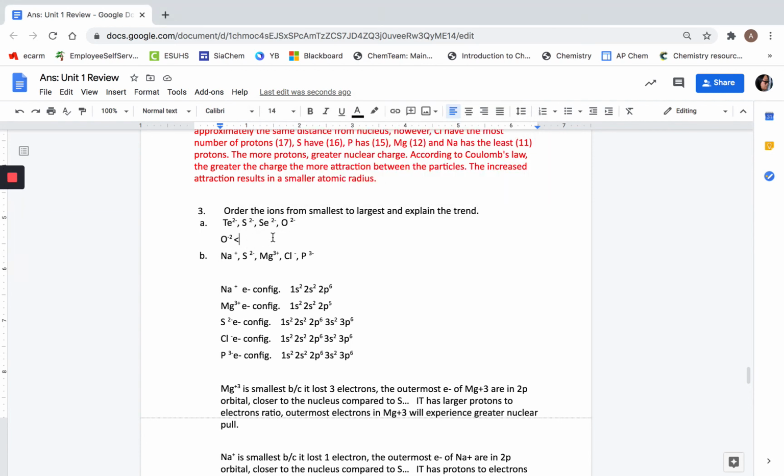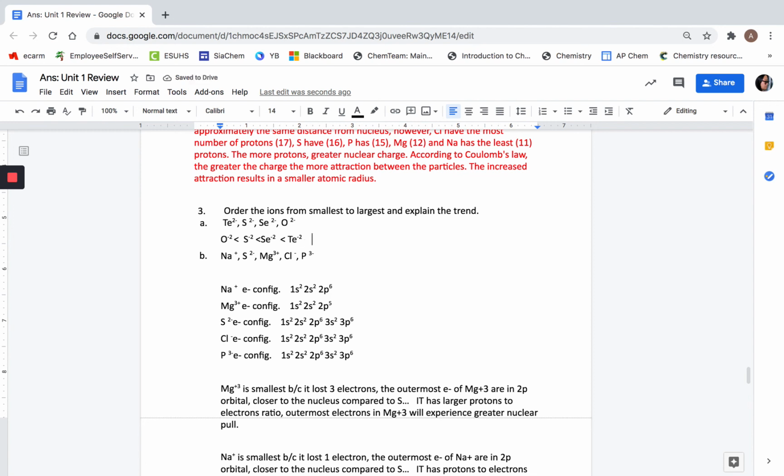So O -2 is going to be smaller than S -2, which is going to be smaller than Se -2, which is smaller than Te -2.